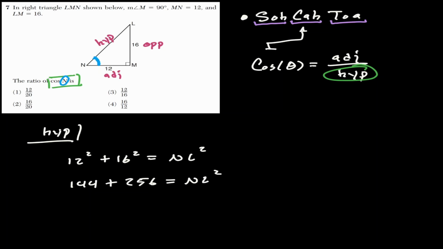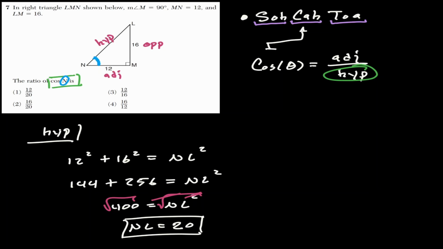When we combine the values on the left-hand side, that is 400. Now to find the hypotenuse, let's take the square root of that. The square root of 400 is just 20. So let me put that information in here. The hypotenuse has a length of 20.